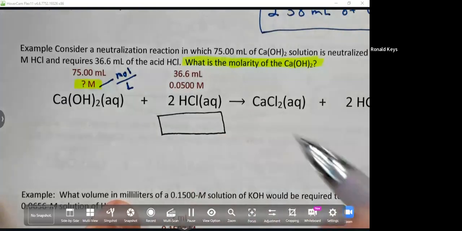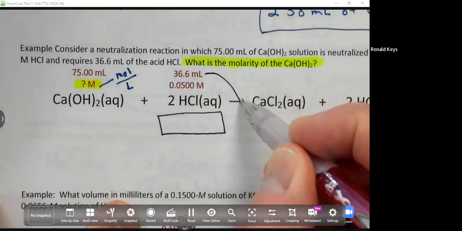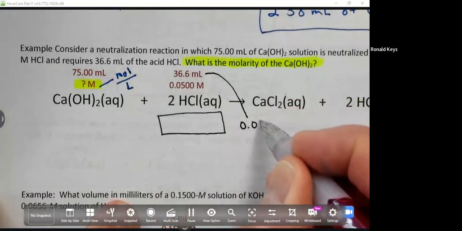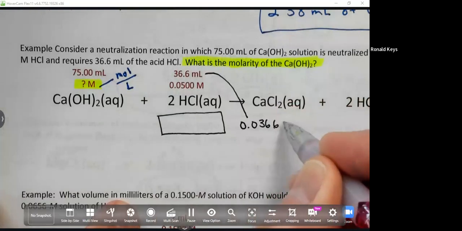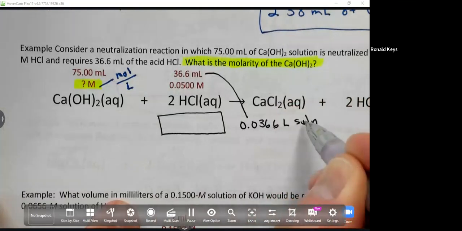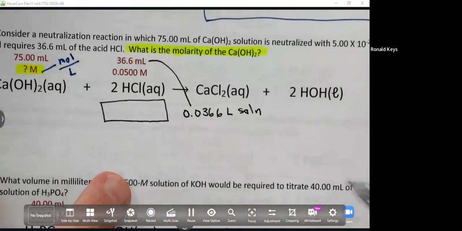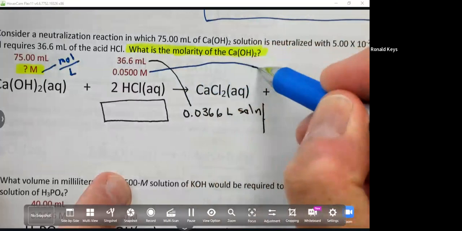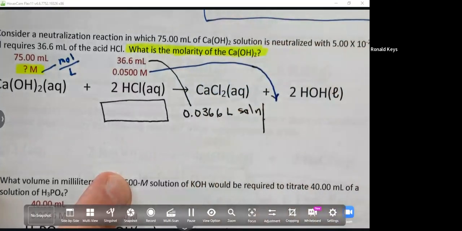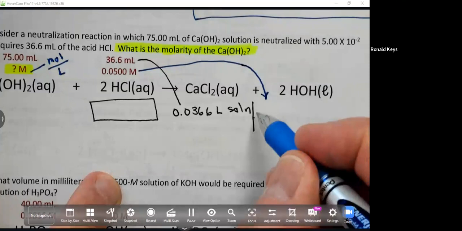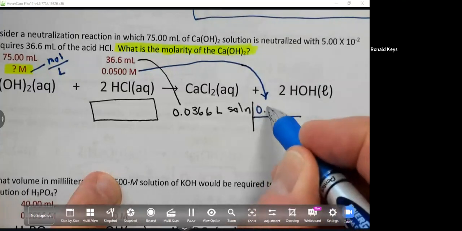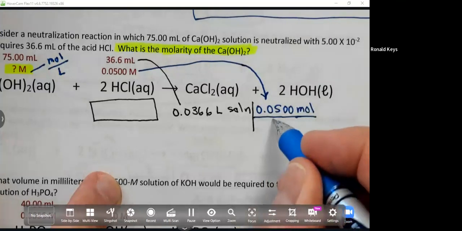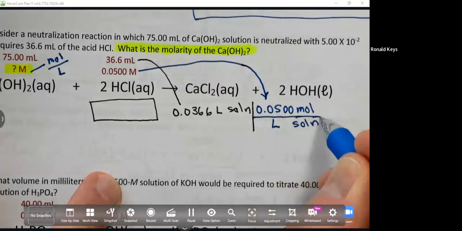Our moles of HCl here is going to be, starting with my single unit number, 0.0366 liters of solution. I'm going to bring this down as is. I'm not going to flip this. 0.0500 mole per liter of solution.